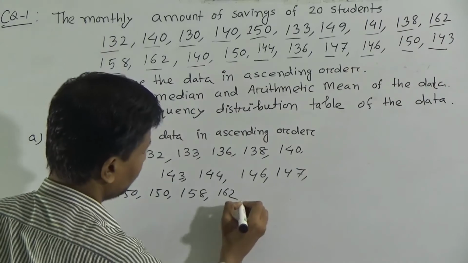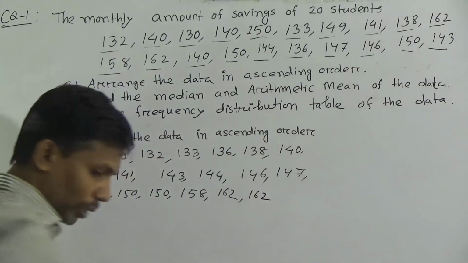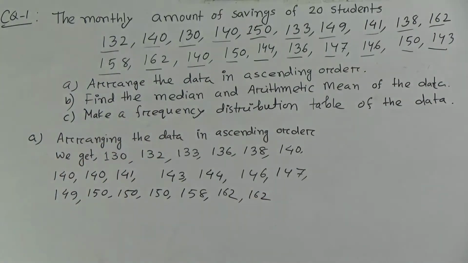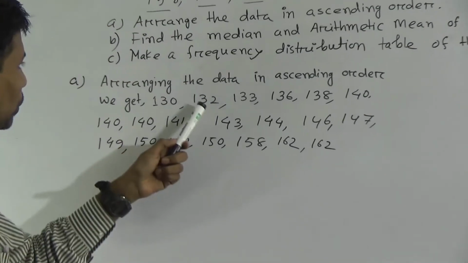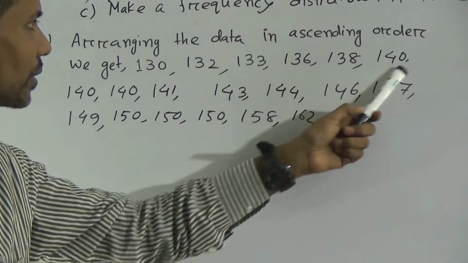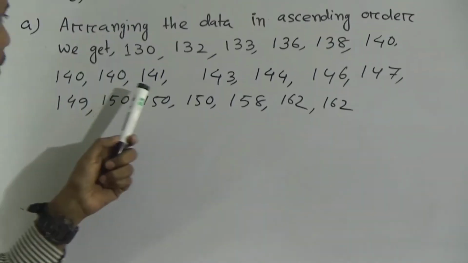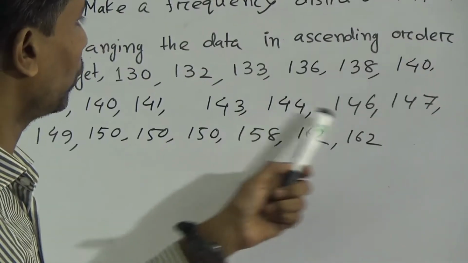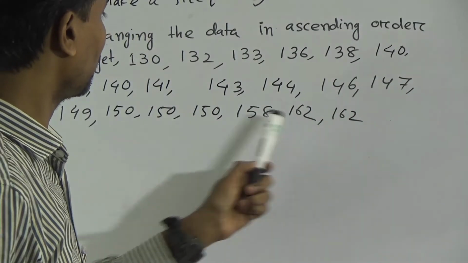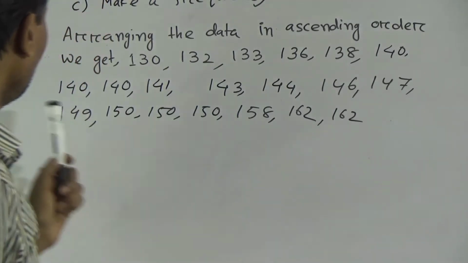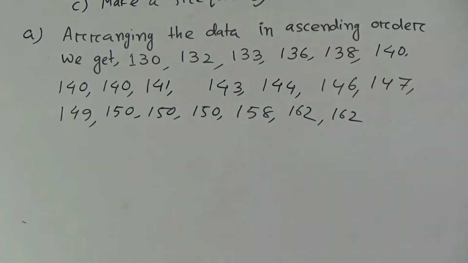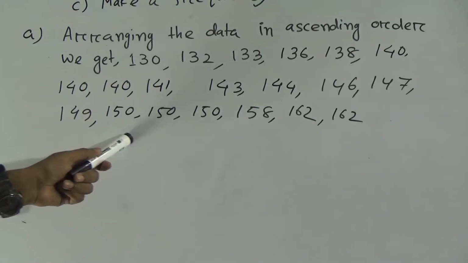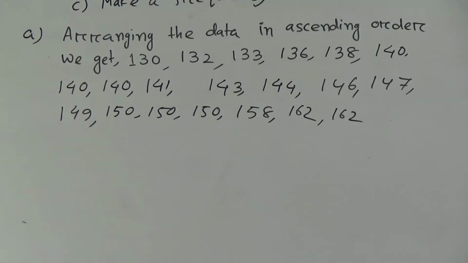Okay, dear student, now see how many data: 1, 2, 3, 4, 5, 6, 7, 8, 9, 10, 11, 12, 13, 14, 15, 16, 17, 18, 19, 20. Okay, you see there are 20 data. Okay, this is called arranging the data in ascending order.